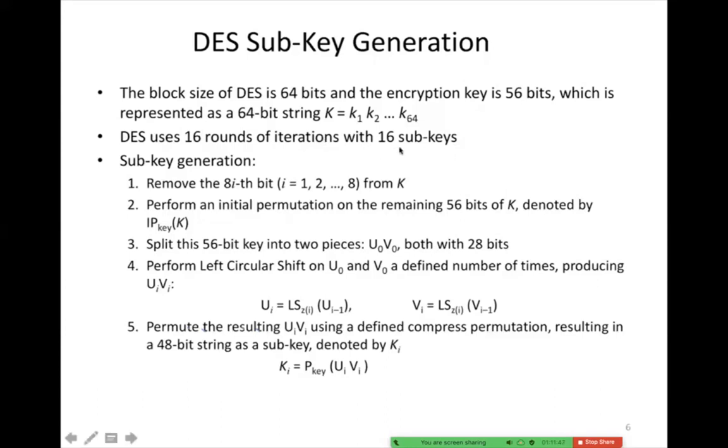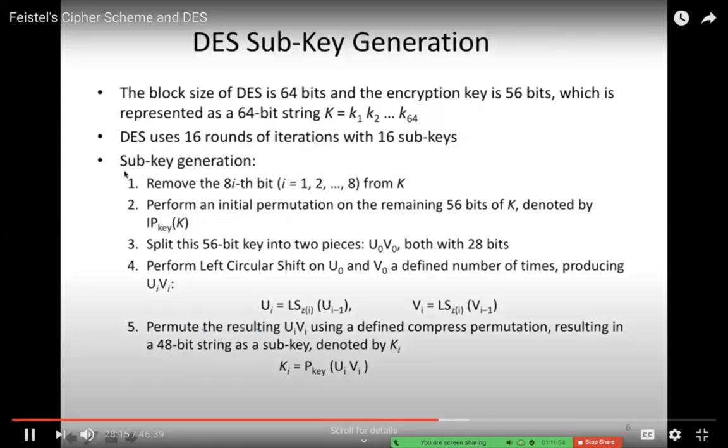So we need 16 round subkeys, or 16 round keys. Now we first look at the subkey generation algorithm.